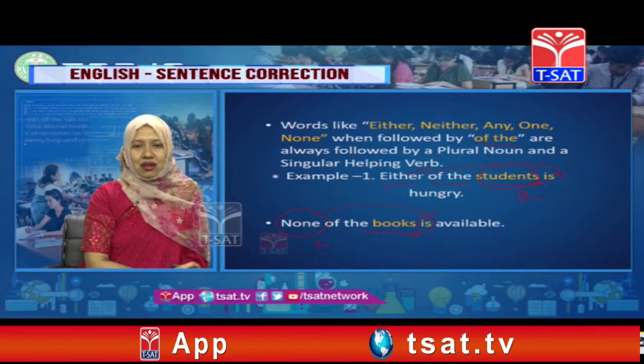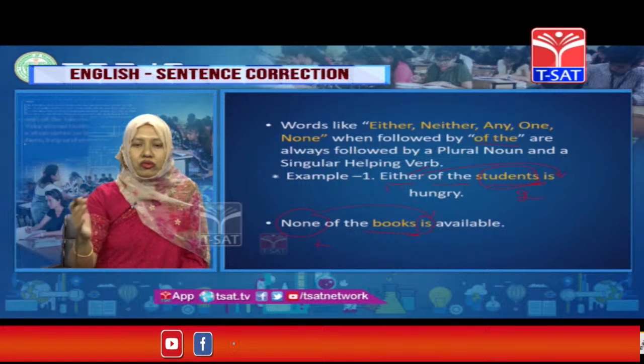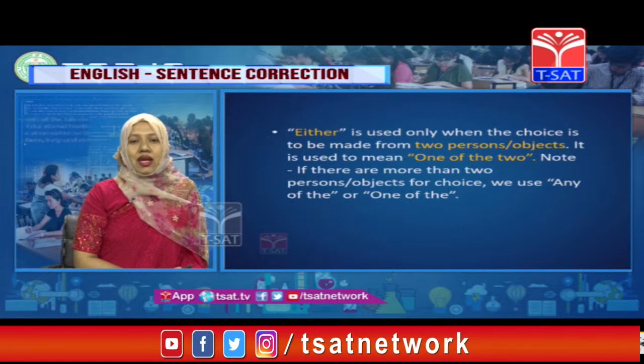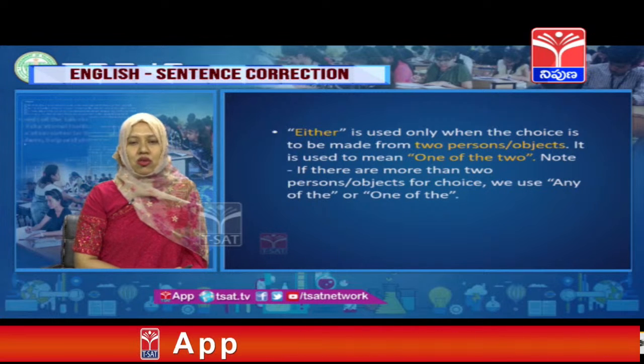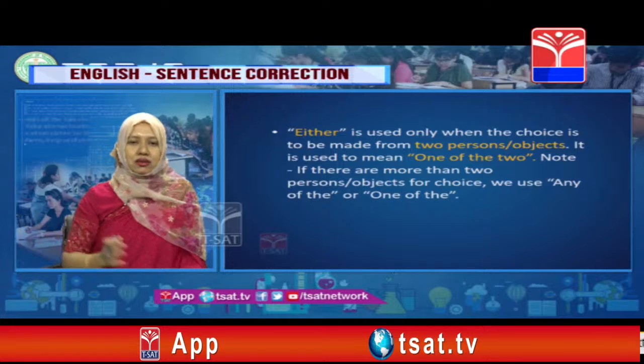Whenever you use either, neither, any one, or none, the noun which follows should always be in plural form. Now either is used only when the choice is to be made from two persons or objects. Imagine that there are two girls, two boys, two bottles, two pens.